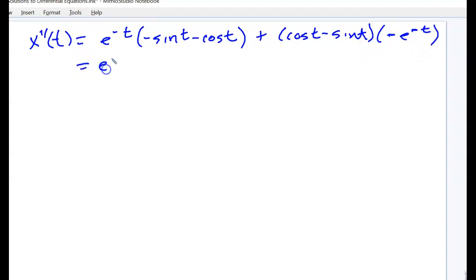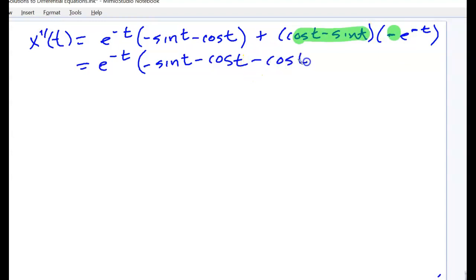Now if I factor e to the negative t out, I'll be left with negative sine t minus cos t, and this negative here has to be distributed to those two guys. So that becomes negative cos t plus sine t.